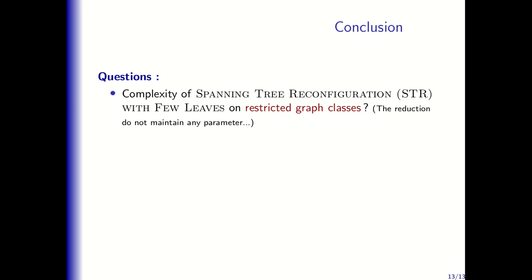In particular, the reduction I showed you with this edge gadget does not keep basically any graph parameters. It does not keep planarity, it does not keep low treewidth or things like this. So it will be interesting to see if this problem can be solved efficiently on restricted graph classes.